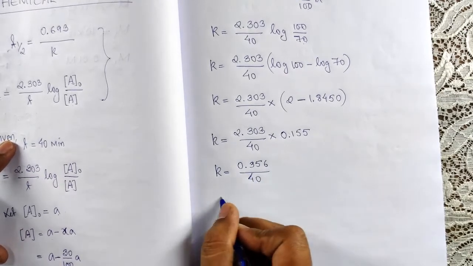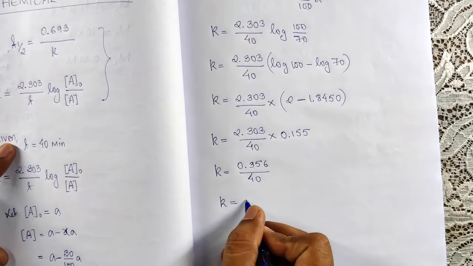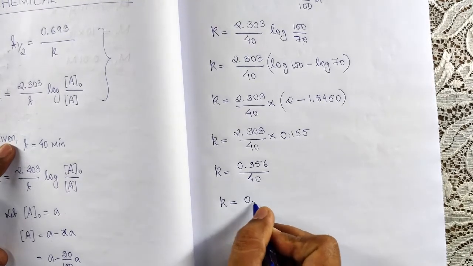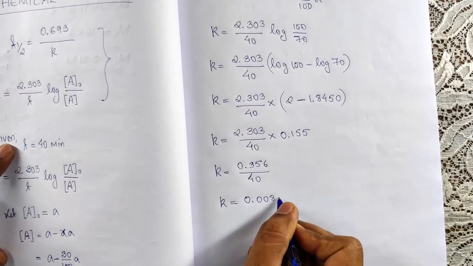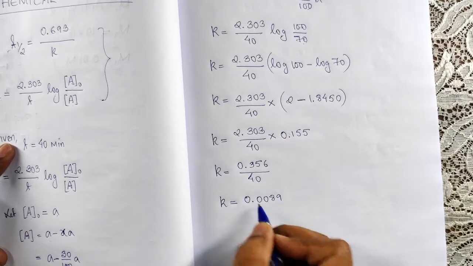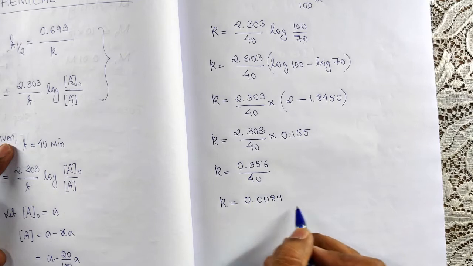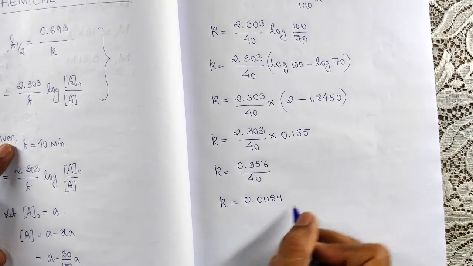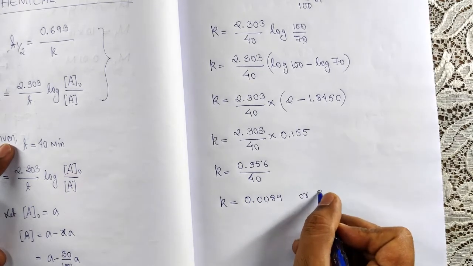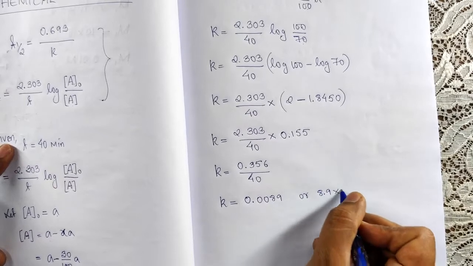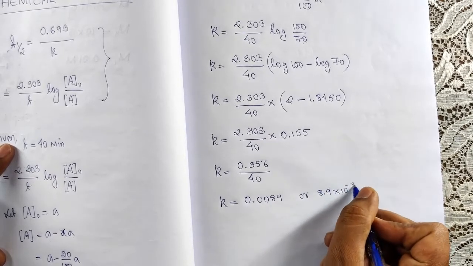If I divide these values, you get K equal to 0.0089, or you can also write 8.9 into 10 to the power minus 3.